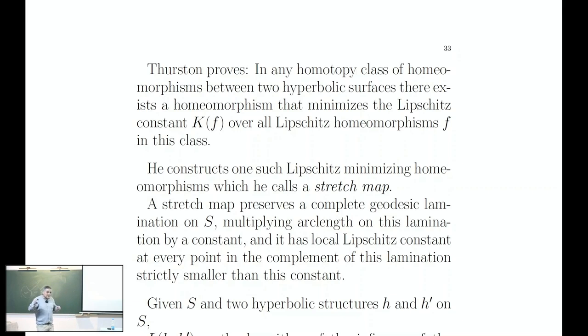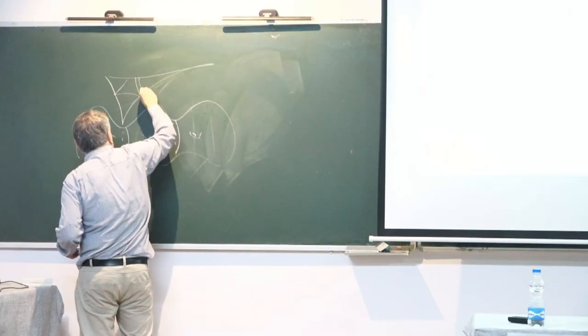The lamination is itself stretched by this constant. The transverse arcs, on the contrary, are contracted. It's like this picture of the map of the ideal triangle.